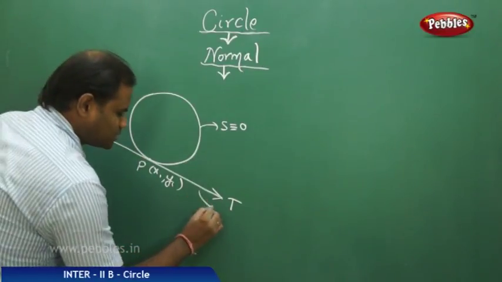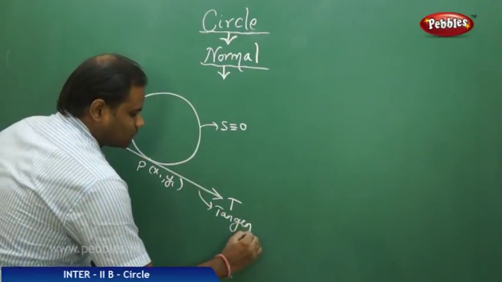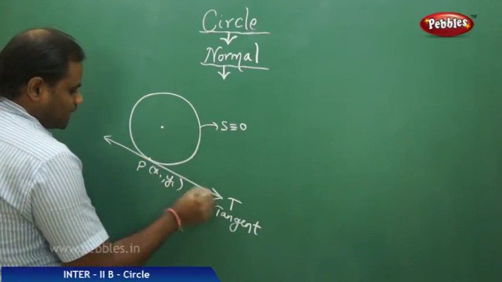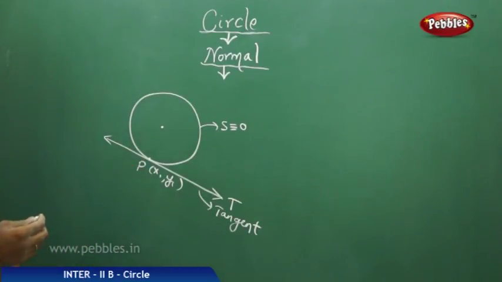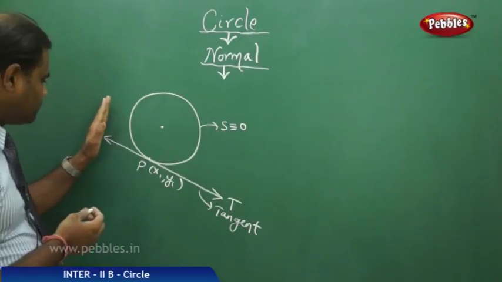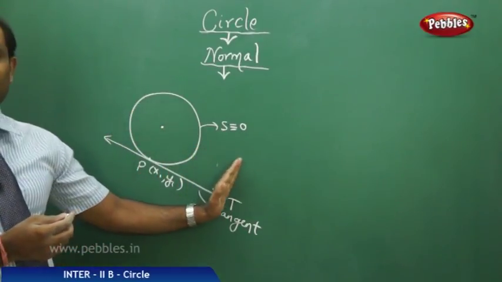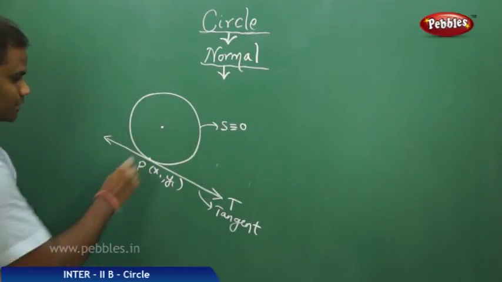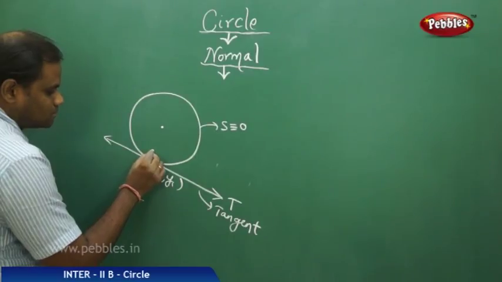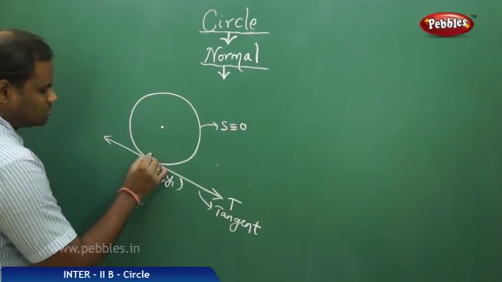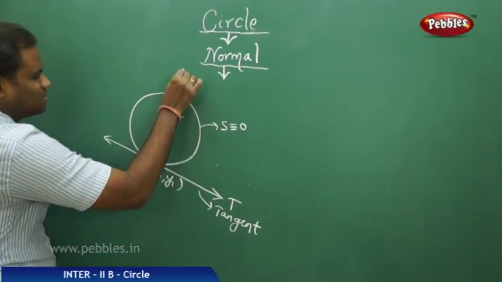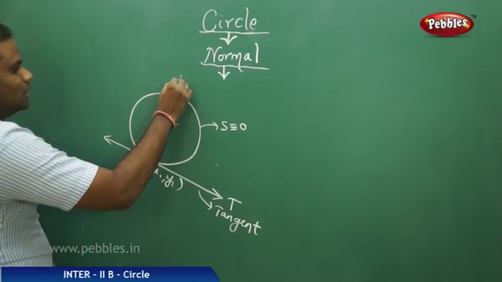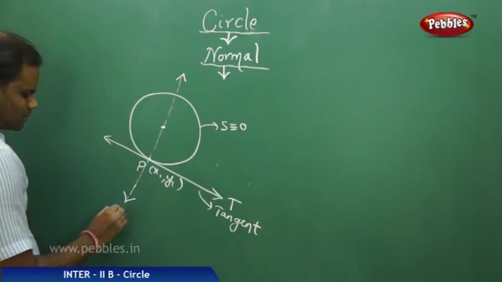If this is the tangent for the circle, then any line which is perpendicular to the tangent and passing through the point of contact is the normal. There are infinitely many lines which are perpendicular to the tangent, but there is only one line which is perpendicular to the tangent and passing through P. This is the normal.